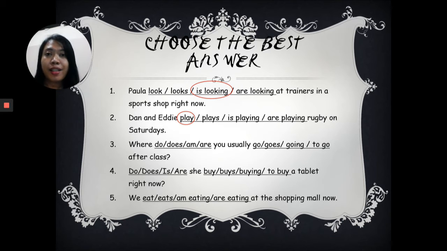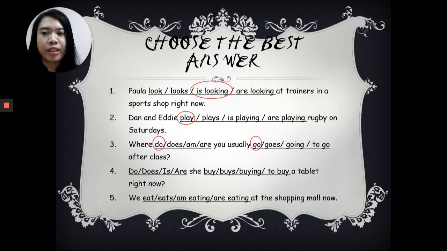Now you can start to write down the answer on your paper. And the answers for number 3 are, where do you usually? And what about the verb? What verb do we use? Yes, go. So the answer is, where do you usually go after class?